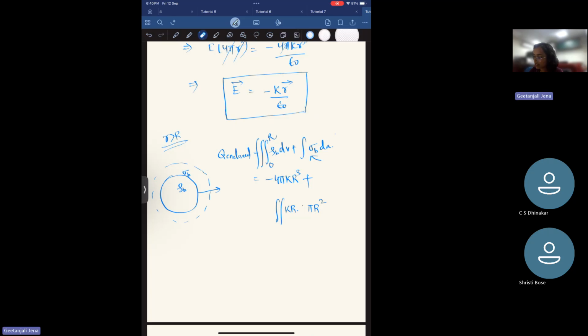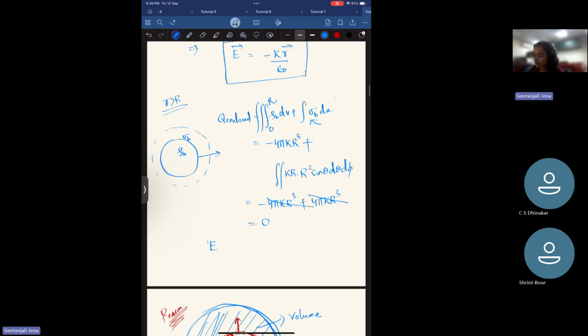I have already taken the integration, but in general notation it is r square sin theta d theta d phi. So one is 4 pi k R cube, the other is 4 pi k R cube. So you can see these cancel. So the electric field would be 0 for outside.